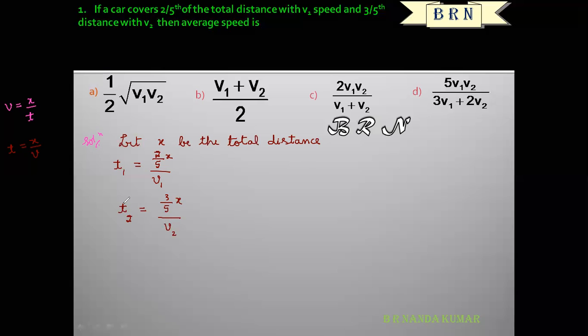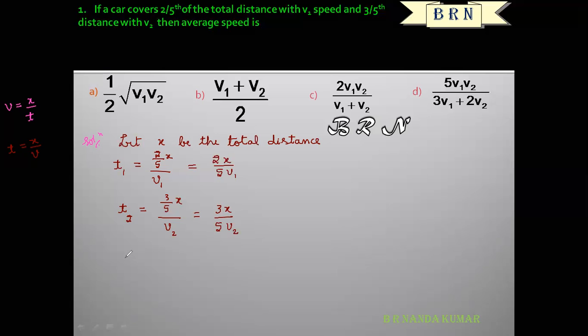This is the time taken to cover 3/5 of the total distance with V2 speed. So T1 can be written as 2x divided by 5V1, and T2 as 3x divided by 5V2. But here we want the average speed.